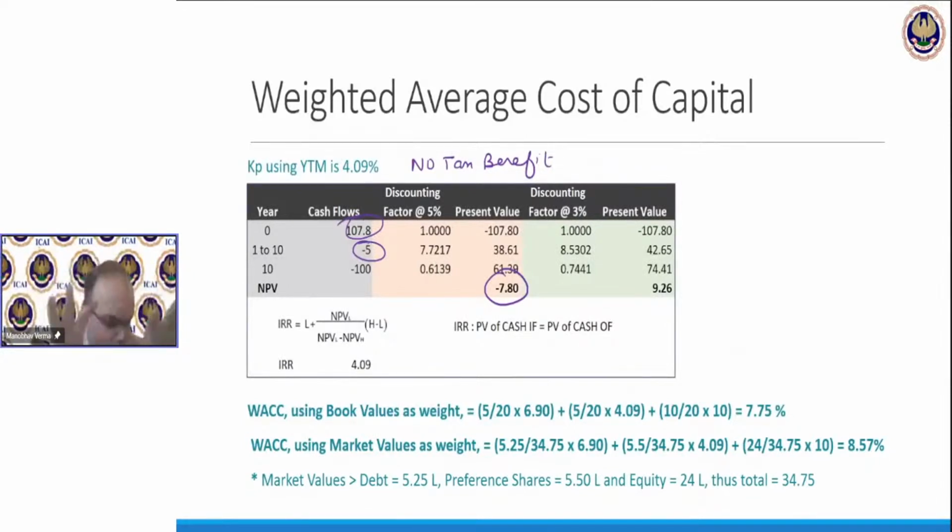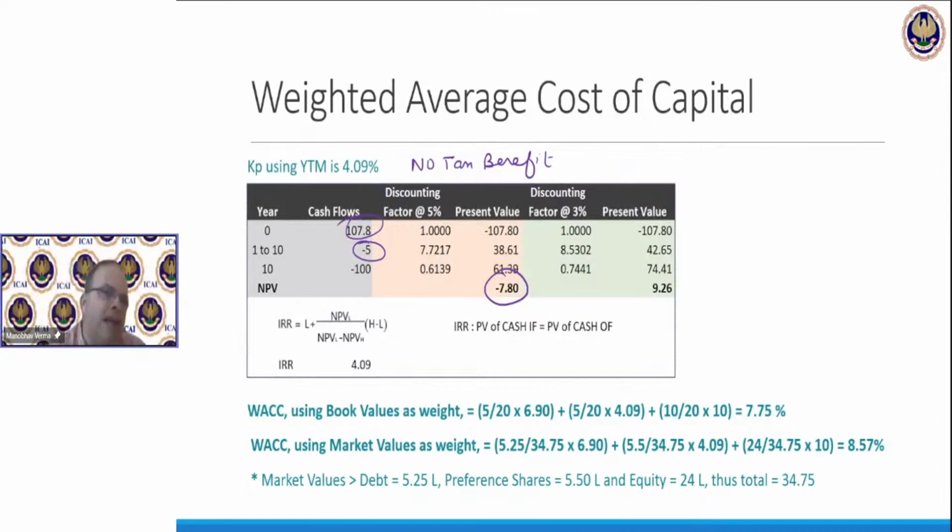Right now, I'm not focusing on this calculation, which you can check later on. We have already discussed cost of debt, so you can check this preference shares example later on. But what I'm trying to say is that by naked eye also, you can say that at 5% it's minus 7.8 and at 3% it is plus 9.26. It's probably somewhere in between 5 and 3. It's like 4, marginally 4 and above, 4.09.